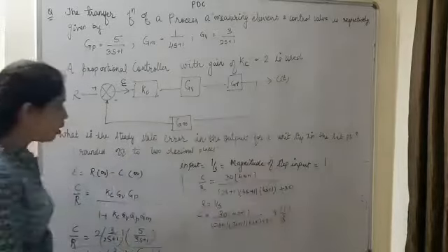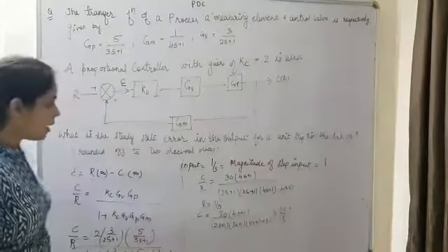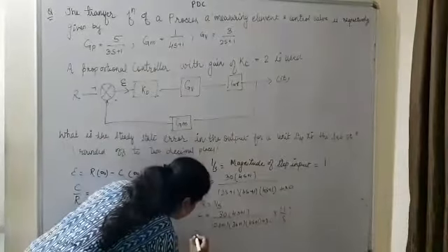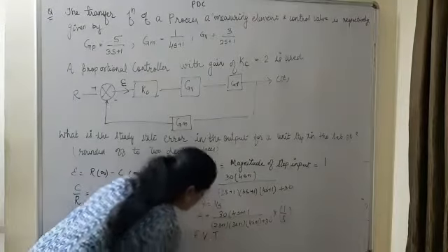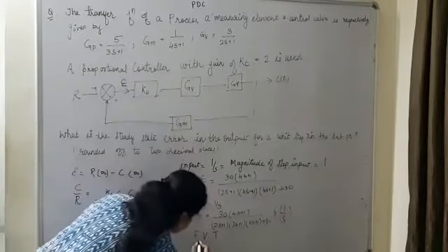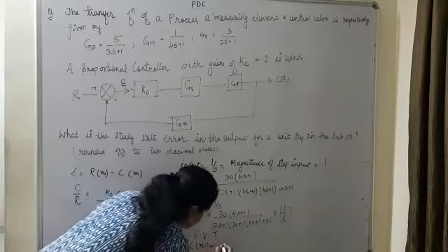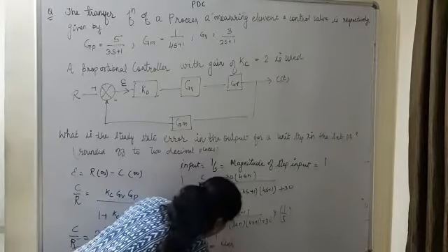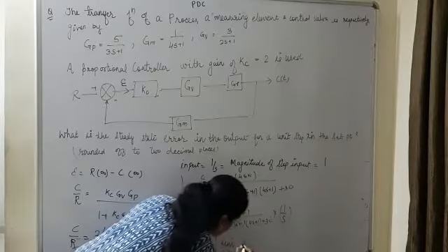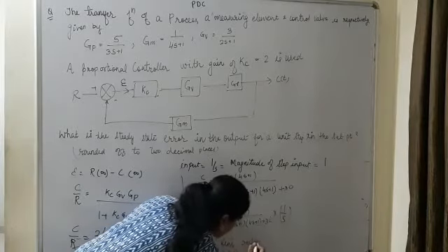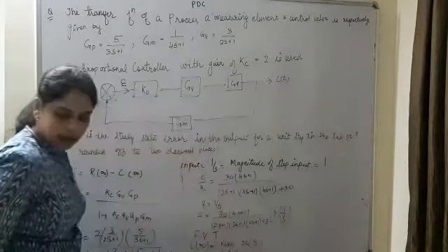Now we need to find the output, right? So here we apply the final value theorem, FVT. It says C infinity is the limit as S tends to 0 of S times C(s). So just substitute the value here.